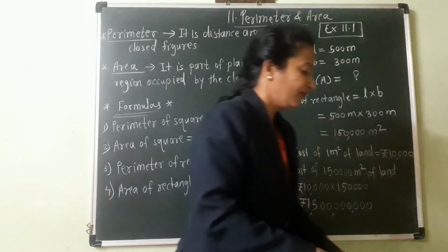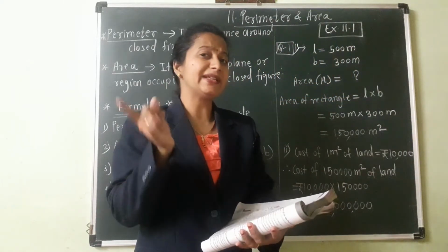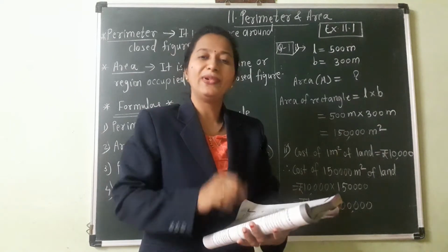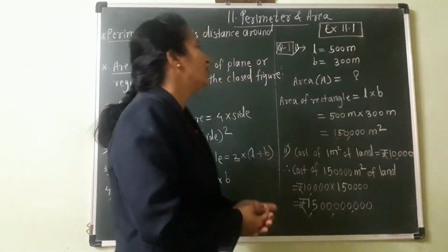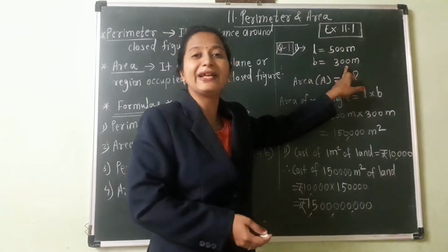While reading the question, you have to focus on whether it is a rectangle or a square shape. The piece of land in the question is rectangular. So obviously length is 500 meters, breadth is 300 meters.